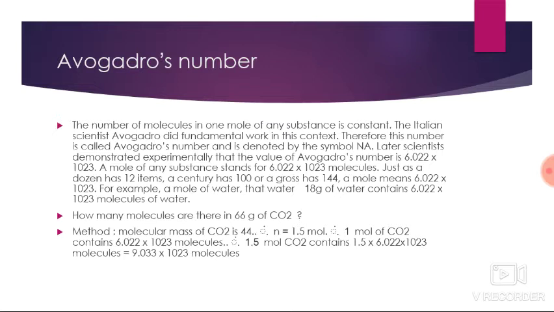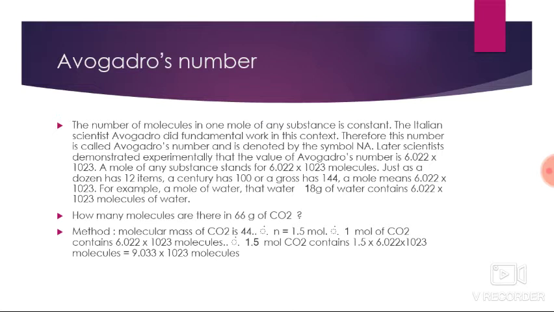Now let's do one calculation for that. How many molecules are there in 66 grams of carbon dioxide? For that, the molecular mass of CO2 is 44. We know that the molecular mass of carbon dioxide is 44 Dalton. The number of moles in the given carbon dioxide is equal to the mass of carbon dioxide in grams upon the molecular mass of carbon dioxide, that is 66 upon 44.